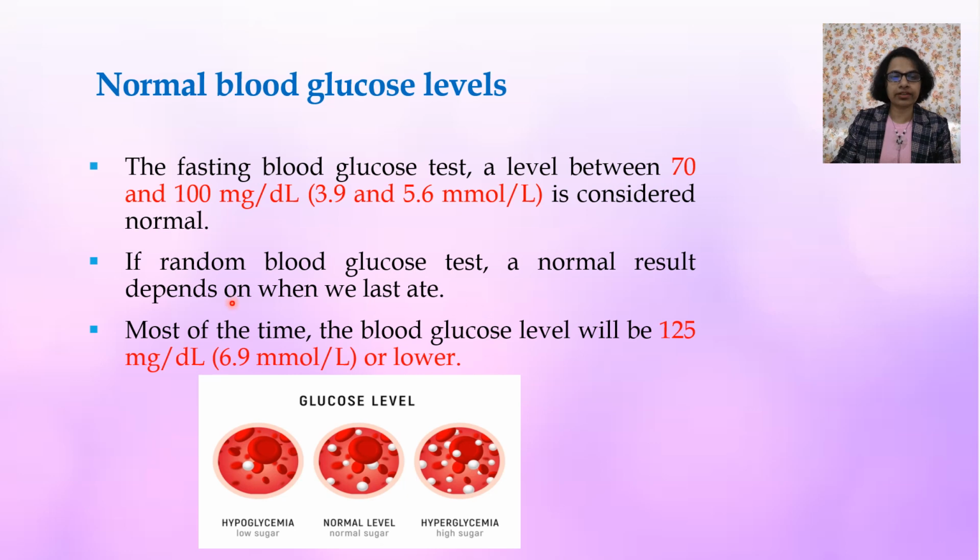So whenever we check the patient's blood glucose level in a random condition, within 24 hours, any time, the normal range is 125 milligram per deciliter or lower.